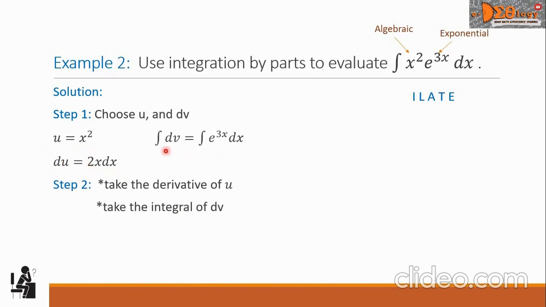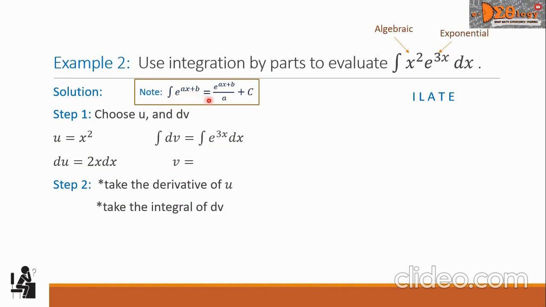Now the integral of dv, and we will get v equals the integral of e raised to 3x dx. We have a special formula for this integral of exponential. We have this integral of e raised to ax plus b.